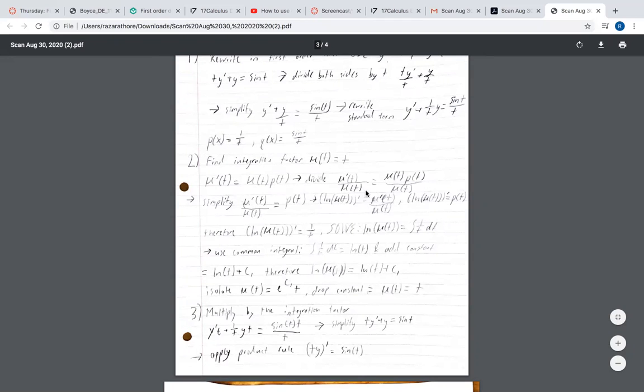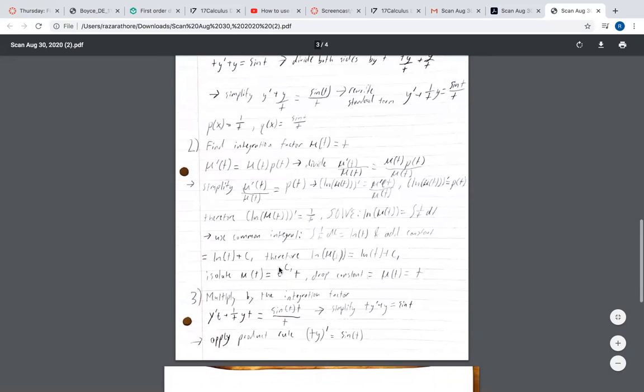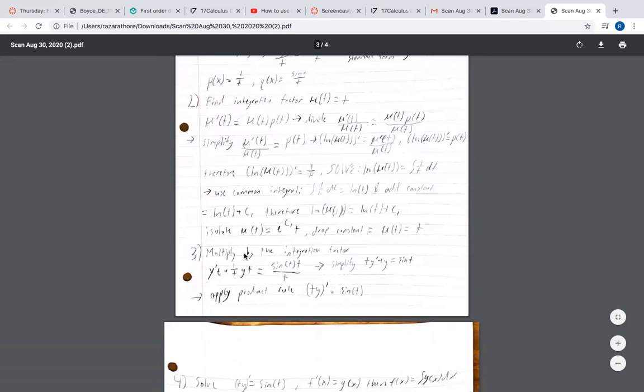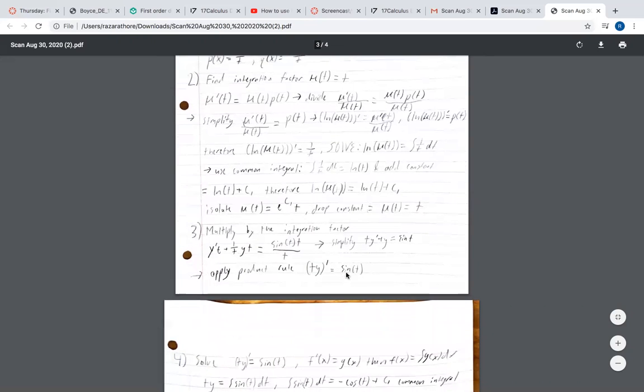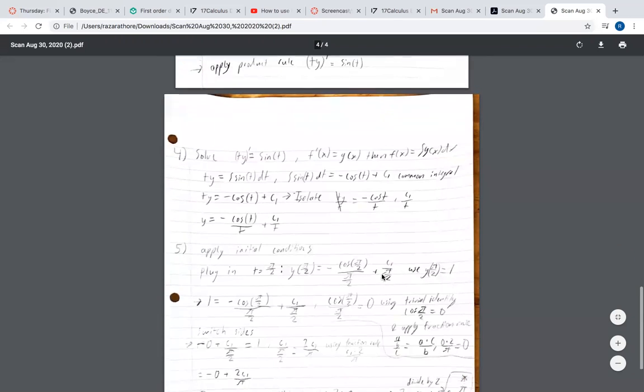So that's going to be your integral right there, 1 over t dt, and then when we use the common integral, you get t. Multiply by the integrating factor: y prime plus 1 over t times y equals sine t over t. You want to just plug in t, and then you apply the product rule, where (ty)' equals sine of t.